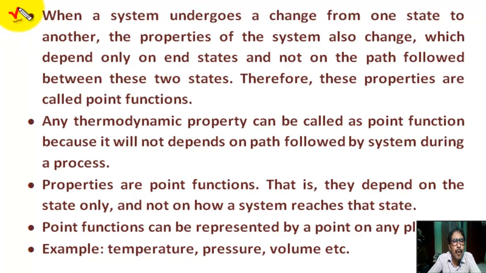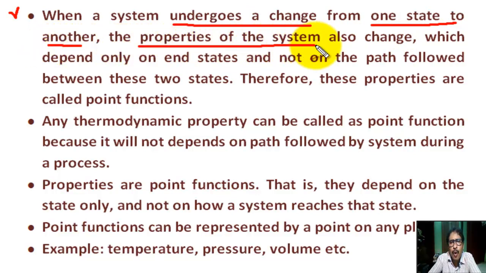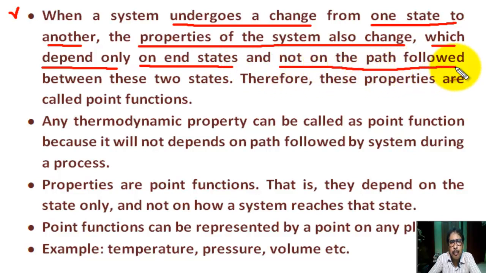So, when a system undergoes a change from one state to another, the properties of the system also change, which depend only on end state, not on the path followed between these two states.